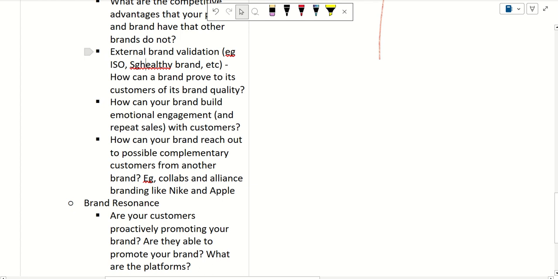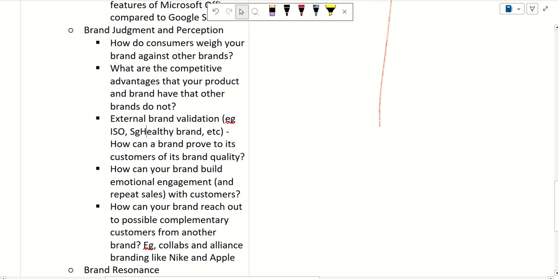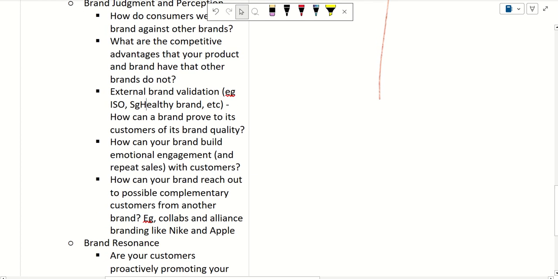External brand validation. Sometimes you want other people to help tell people about your brand. You have already told people how good it is, but you want a third party to validate your brand. A third party means a neutral party, somebody who does not have any stake in your sales or your company.